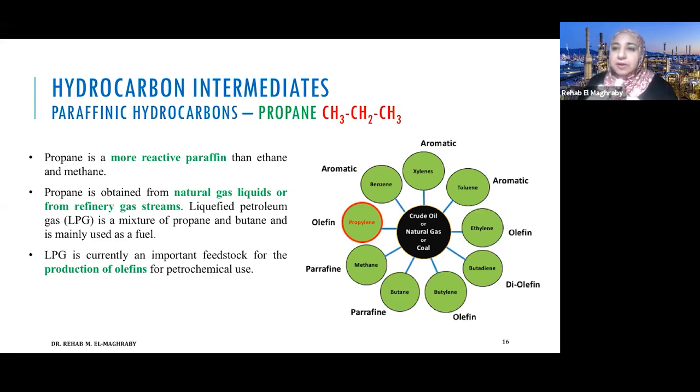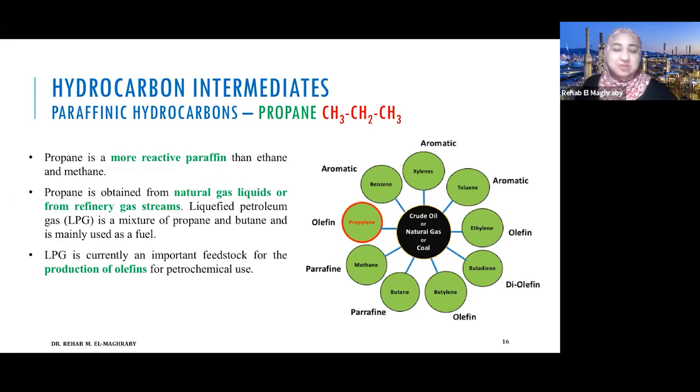So actually, propane together with butane can be used as a fuel, which is called LPG. LPG is what you can find in gas bombs, or well, no, it is called LPG. The way I know it in Arabic is أنبوبة البوتاجاز, but I don't know it in English.